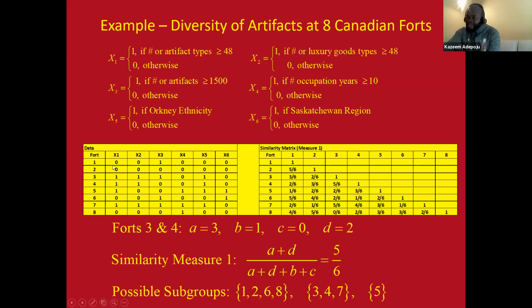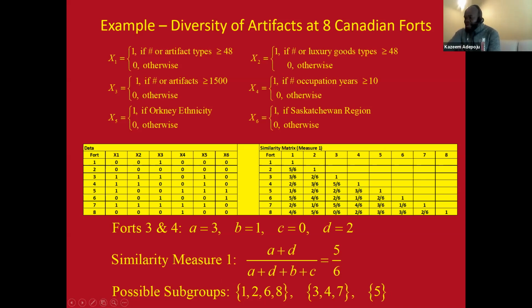You can set up a similarity matrix. I walked you through how you can set up a similarity matrix last week, and I also showed you how we are able to partition the 8 Canadian forts into 3 subgroups. Look at that: 1, 2, 3.